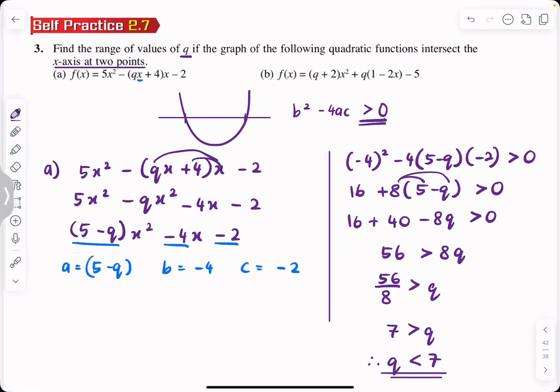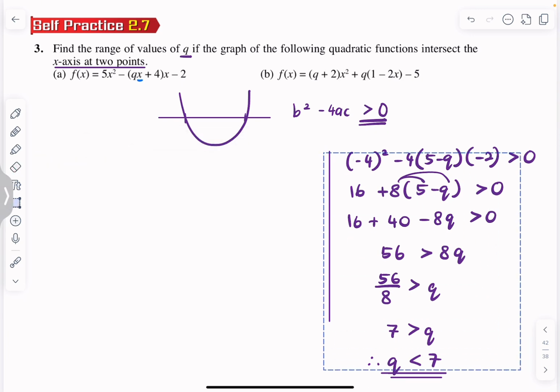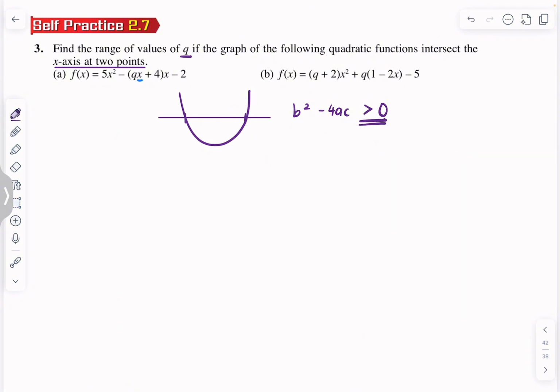Right, let's look at B. So B we have a x squared. Oh, here the x they haven't factorized.